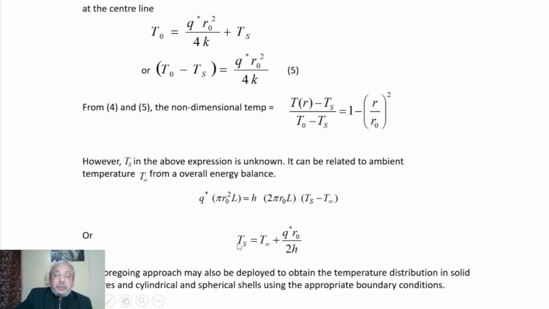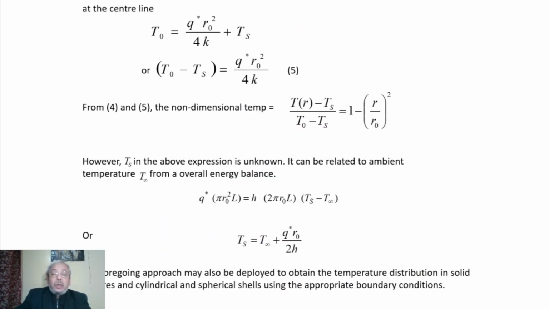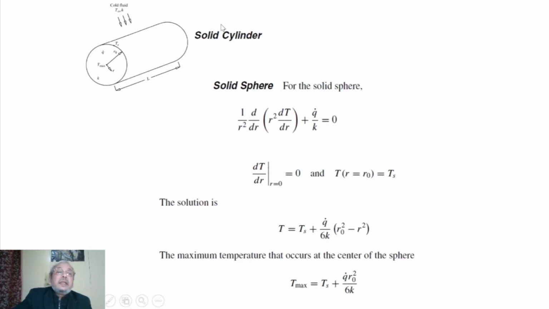It is a surface temperature as a function of the ambient temperature, uniformly distributed heat source, geometrical parameter, and film heat transfer coefficient. This we have found out, and now we will extend this analysis. So the solid cylinder we have done.